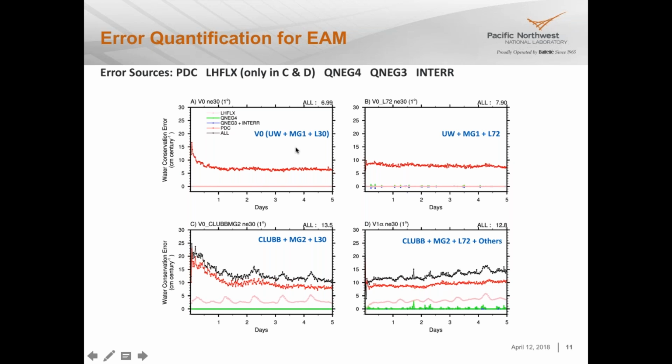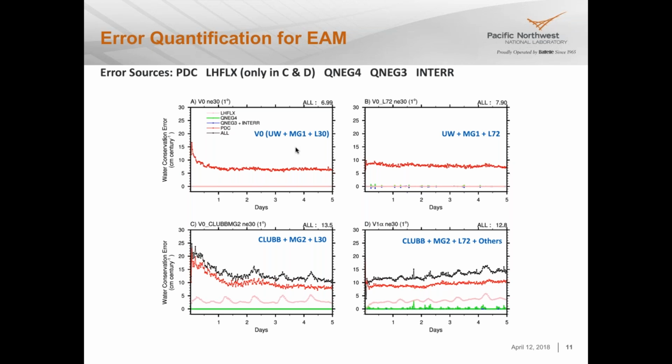Panel A shows the default V0 model. In the model, we use UW shallow convection scheme and macrophysical scheme, MG1 macrophysics, and L30 levels. Panel B is a scientific experiment by only changing the vertical levels.